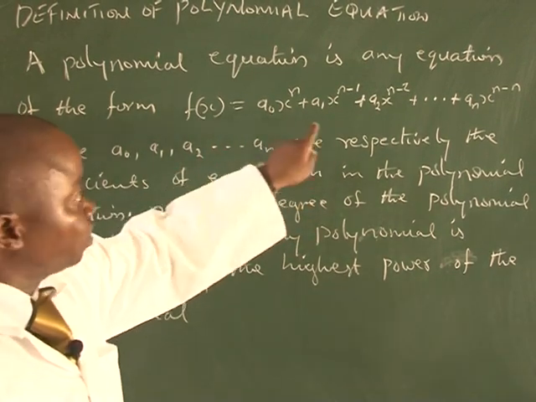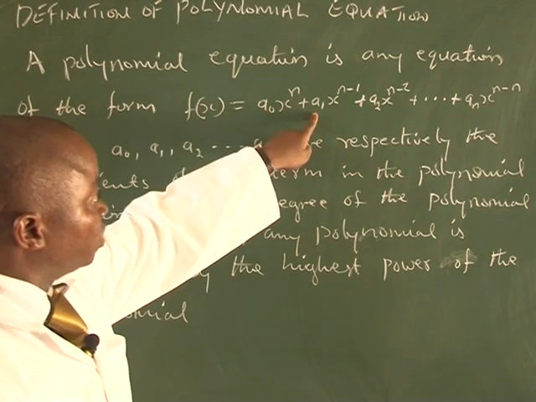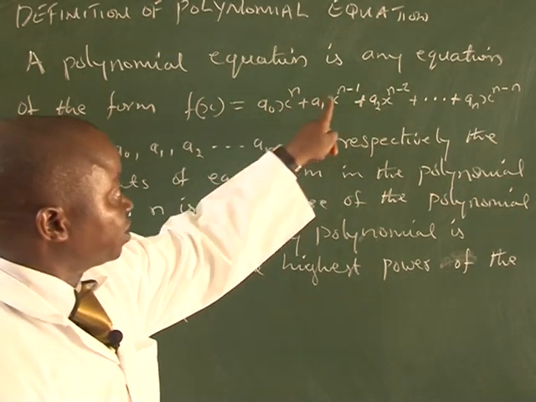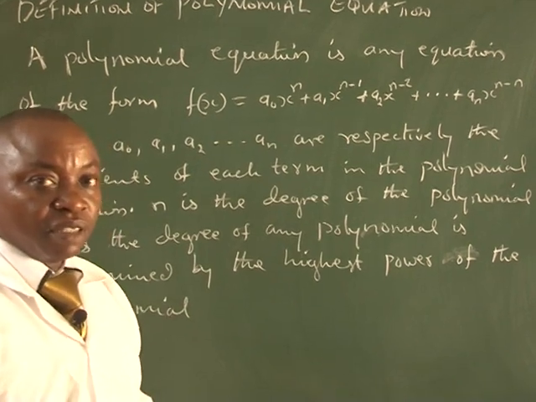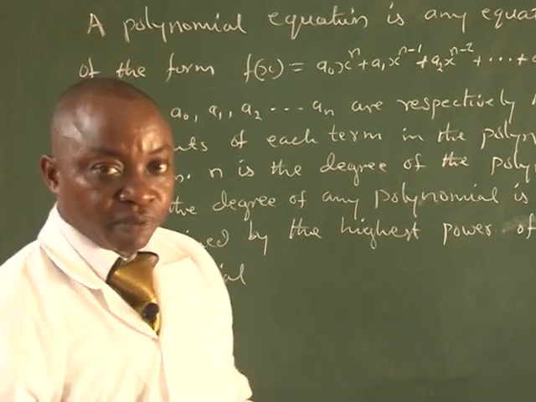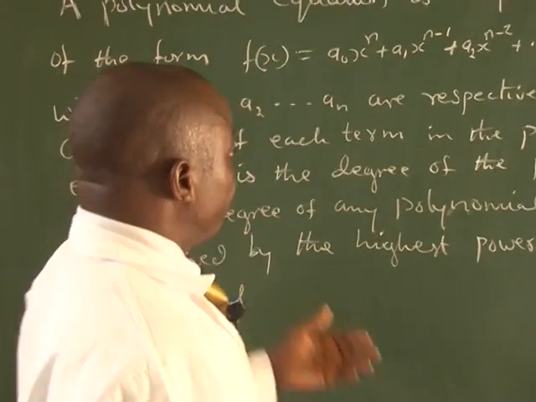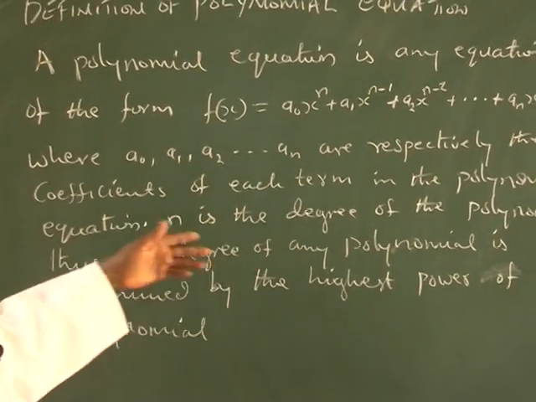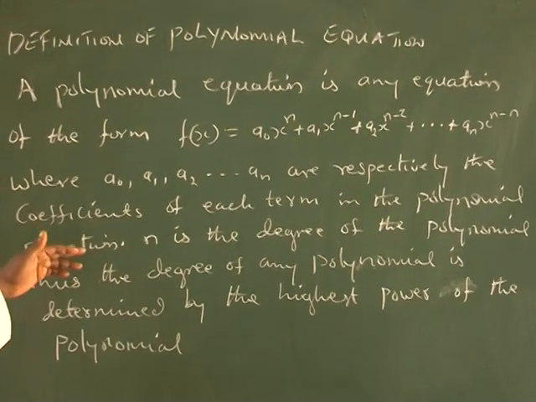So these ones are called coefficients. Coefficients is the number that you have before the variable. So all of these are the coefficients of the respective terms.